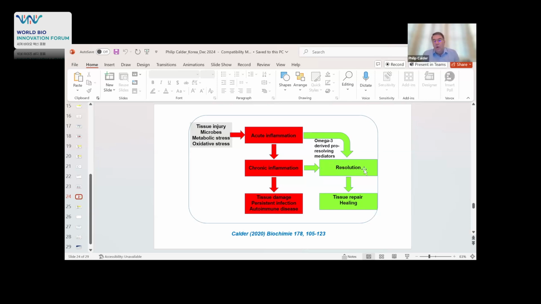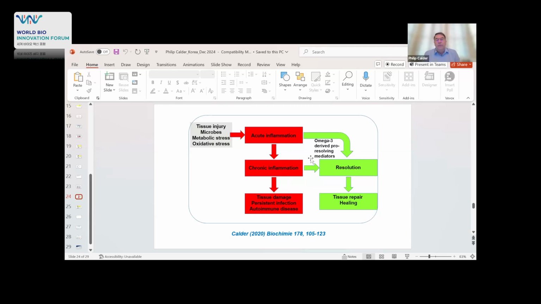And this resolves the inflammation and allows tissue repair, healing, and return to homeostasis. If the acute inflammation doesn't resolve, it becomes chronic. And that goes on to cause the deleterious consequences of inflammation, like tissue damage, persistent infection, autoimmunity, and so on.